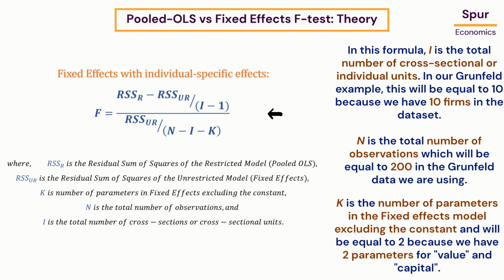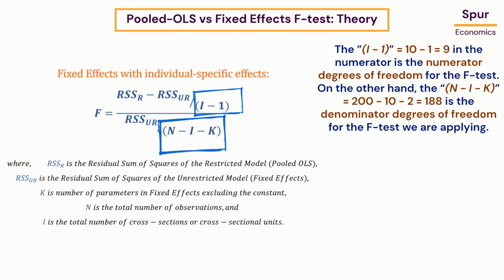In this formula, I is the total number of cross-sectional or individual units. In our Grunfeld example, this will be equal to 10 because we have 10 firms in the dataset. N is the total number of observations, which will be equal to 200 in the Grunfeld data we are using. K is the number of parameters in the fixed effects model excluding the constant and will be equal to 2 because we have 2 parameters for value and capital.